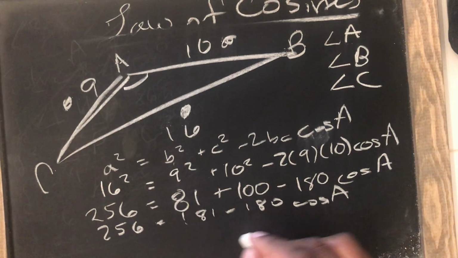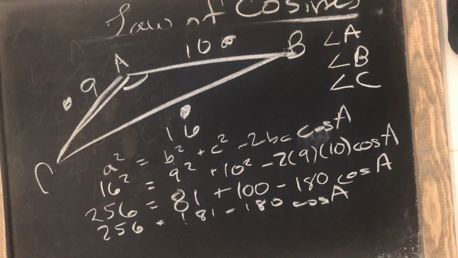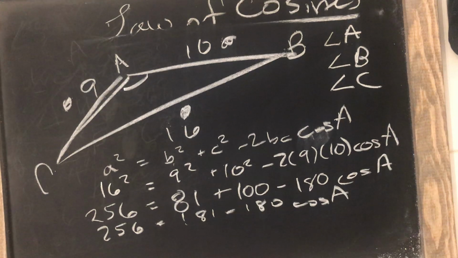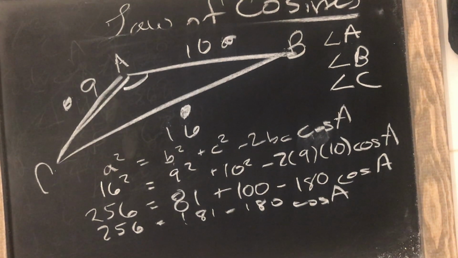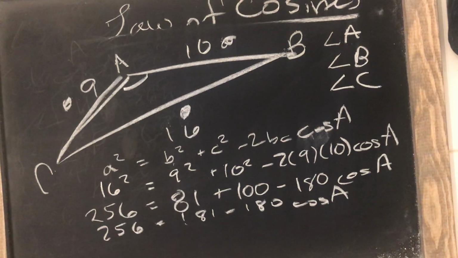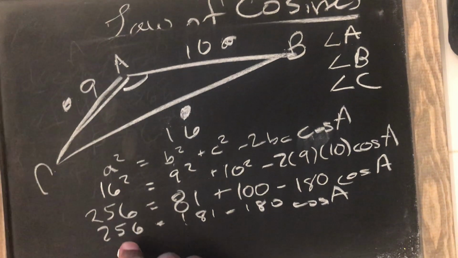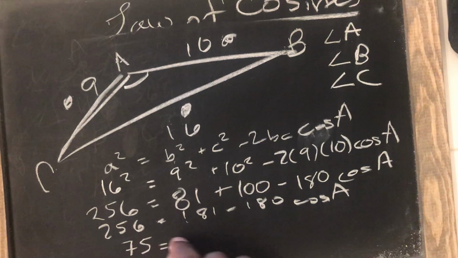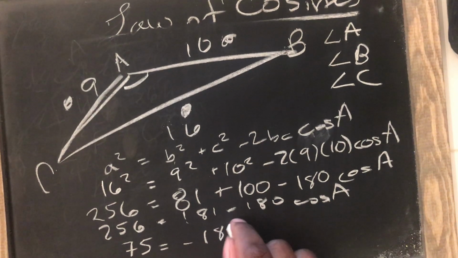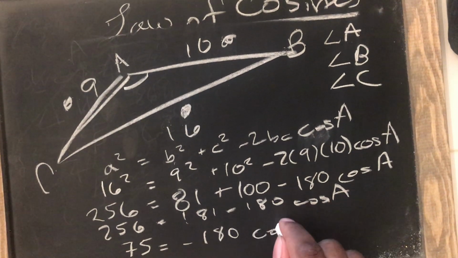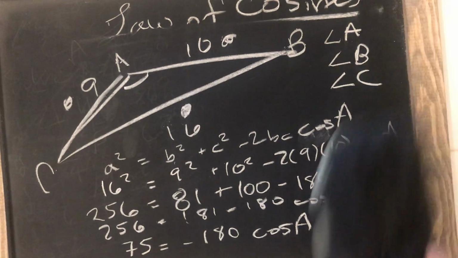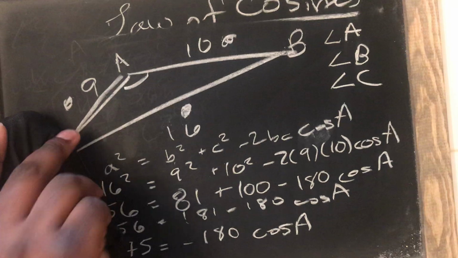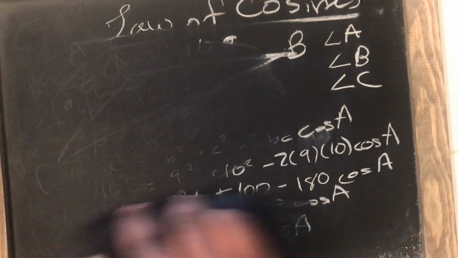We then subtract 181 from both sides, which gets us 75 equals negative 180 cosine of A. All right. So then from there, we're going to divide negative 180 on both sides.